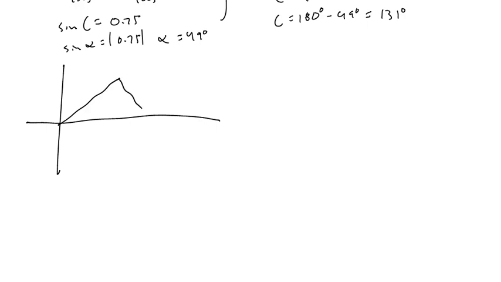So if angle C equals 49, we're going to look like that. That's 30, that's going to be 30, that's going to be 20. And that's ABC, which means that angle B is going to equal 180 minus 30 minus 49. So angle B is going to equal 101 degrees.